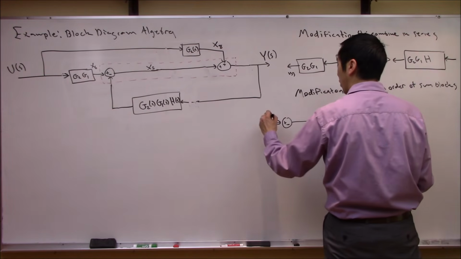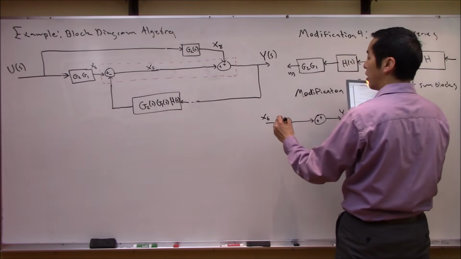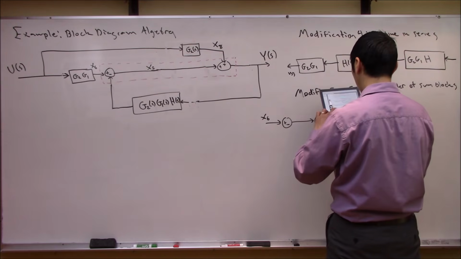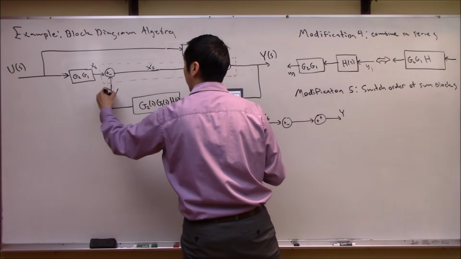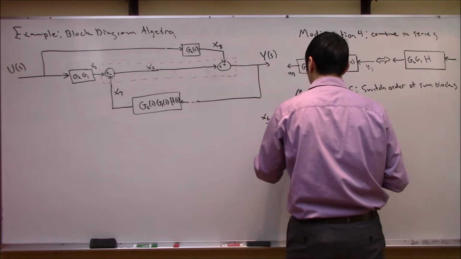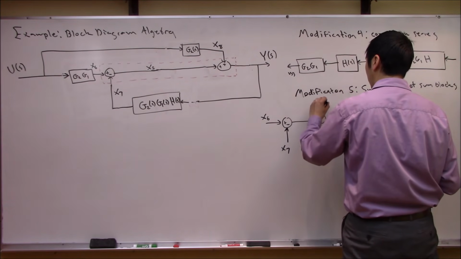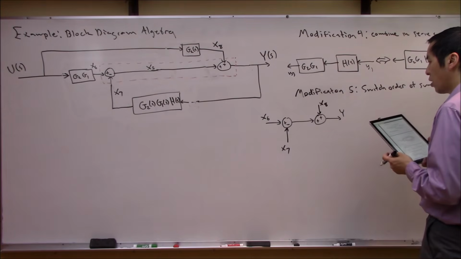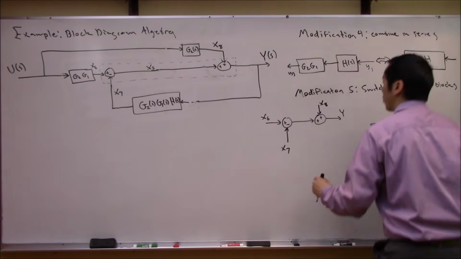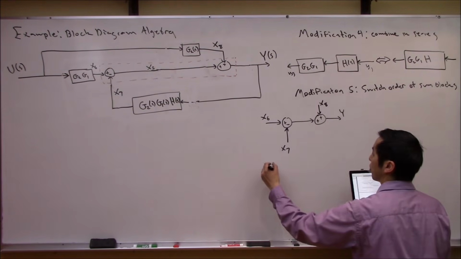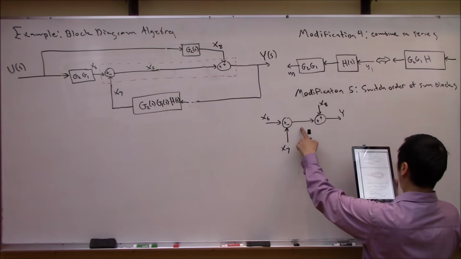Okay, so let's redraw this, x6. And then coming down here, let's call this signal x7, and then you got x8. Okay, so let's look at the relationship. This is just a bunch of sums. This was x5.